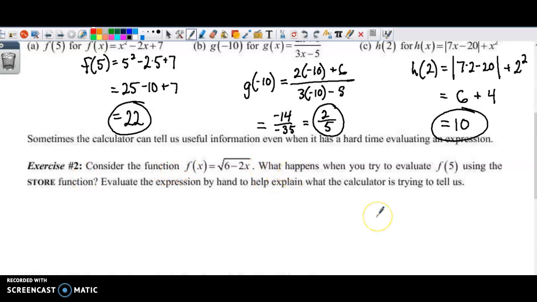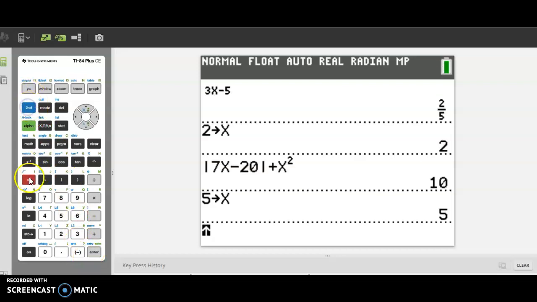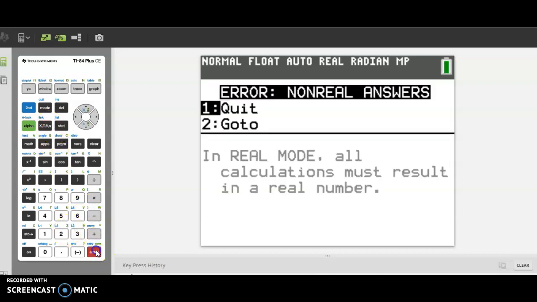So we also have this. I hope it helps you understand how you can evaluate f of 5 and see what happens. If I asked you to evaluate f of 5, you would substitute 5 in for x. So let's do that. 5 store x, and then we have this square root of 6 minus 2x, and your calculator says that you get a non-real answer. What does that mean?